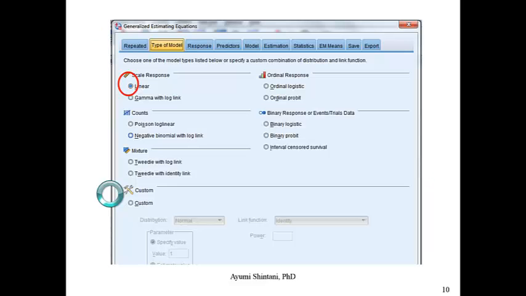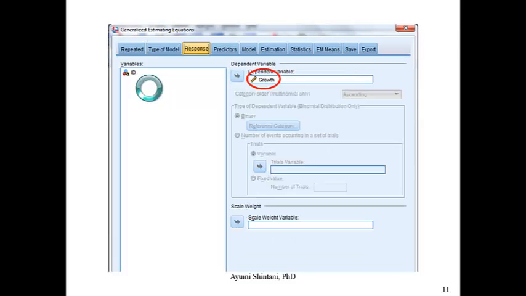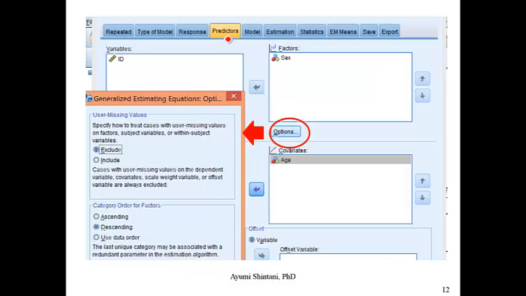In this analysis, the outcome variable is dental growth measurement, which is a continuous variable. So you click linear, because without the repeated measures we would use a linear regression. Then on the response screen, you put the growth dependent variable under dependent box, and then move to predictors.